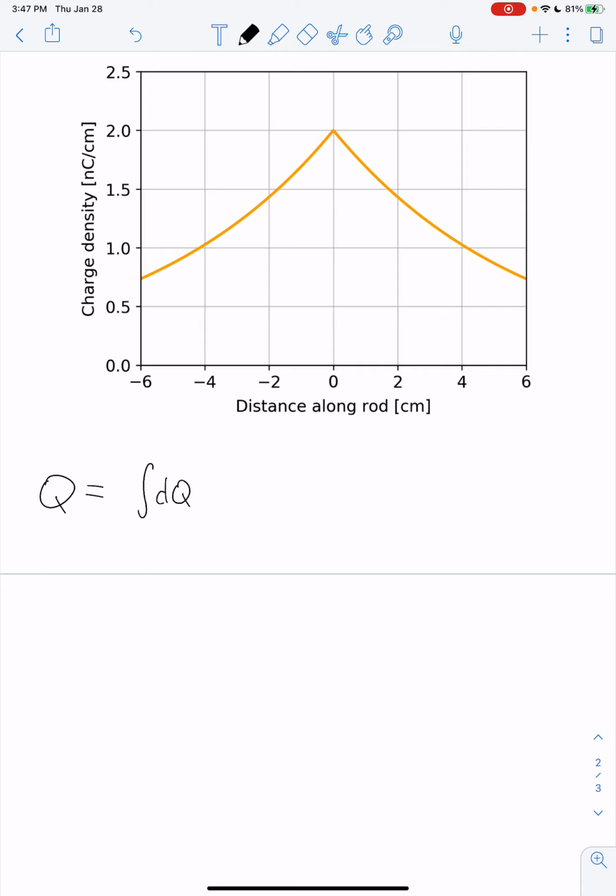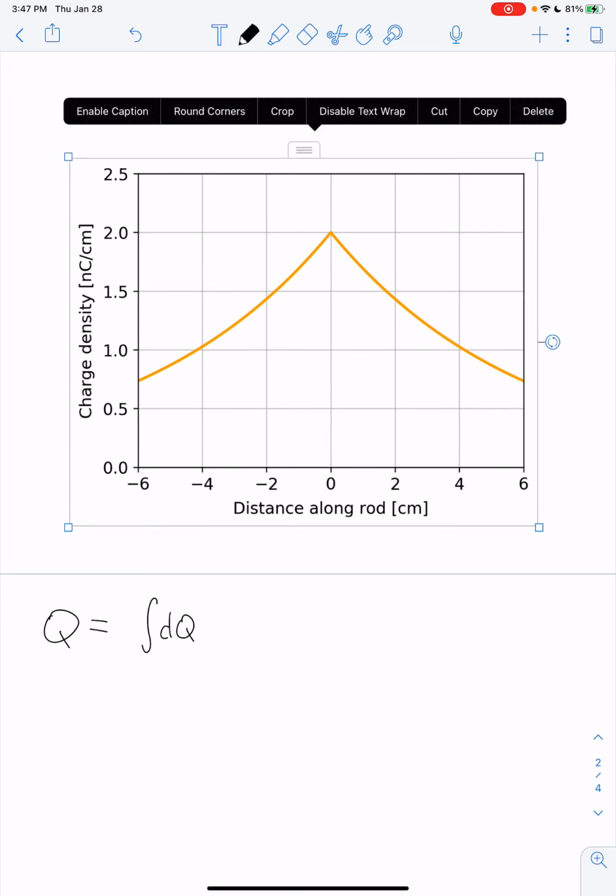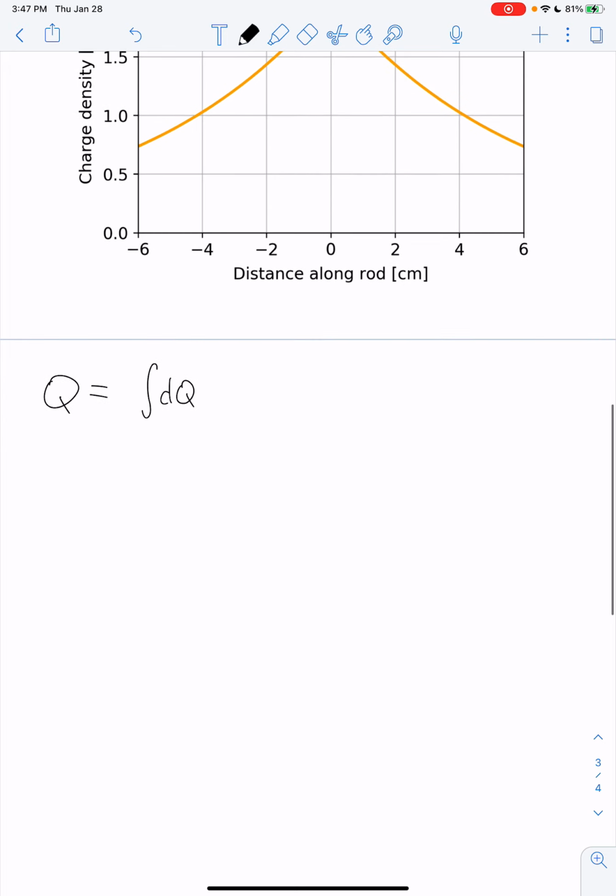And then I'm just going to bring this down to the next page. So what is a dQ in this case? Well, a dQ is going to be our lambda of x dx. So this is our charge density. Remember, this is coulombs per meter, and this is going to be our meters, so we end up with coulombs, if you want to take a look at the units there.